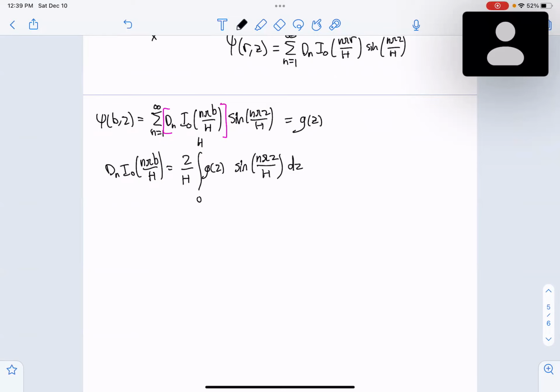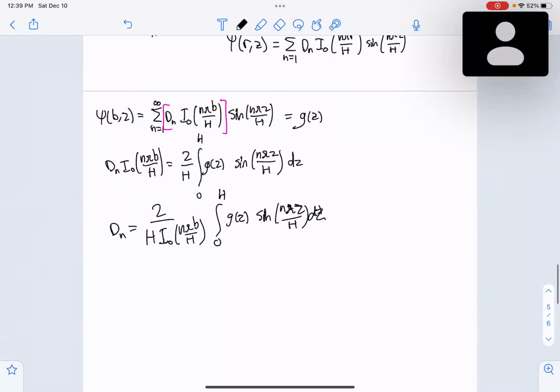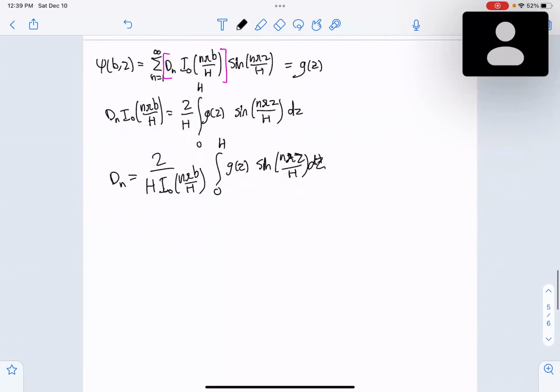So then you can really just say Dn is equal to 2 over h I naught n pi b over h, integral 0 to h of g of z sine n pi z over h dz. Now that defines Dn for all values of n.